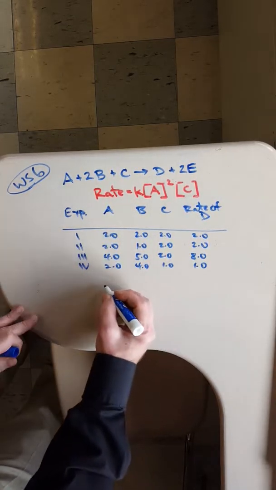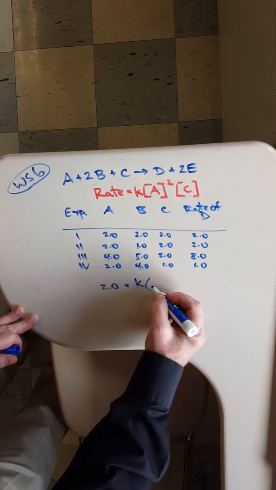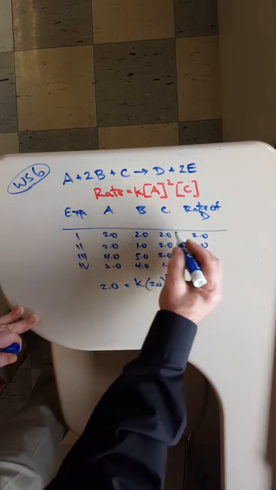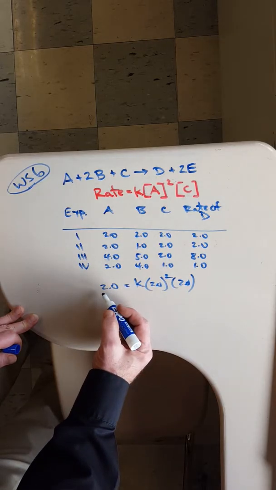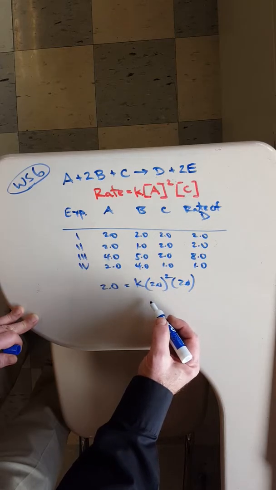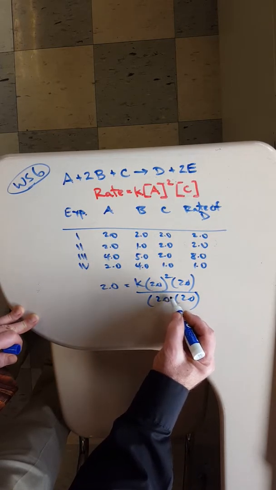My rate, 2, is equal to K times A, 2.0, squared, times C, 2.0. Oh, okay, so 2 is equal to K times 2 times 2 times 2. So I'm going to divide out here by 2 and by 2 squared.